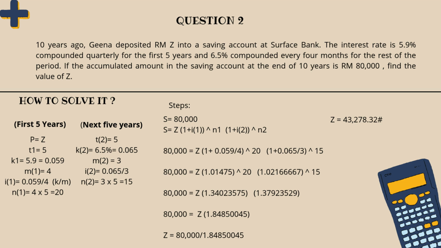To find Z, we rearrange the equation to Z equals 80,000 ringgit per 1.84850045. The final calculation shows the original value of Z is RM43,278.32.